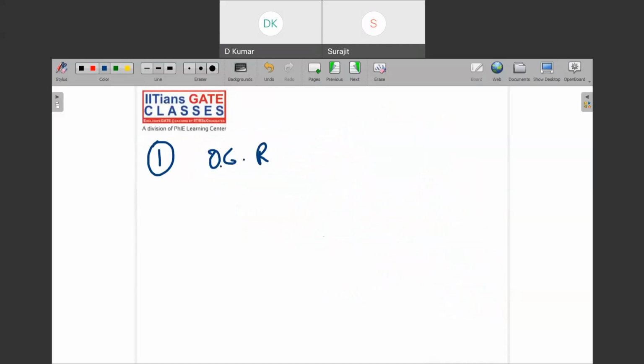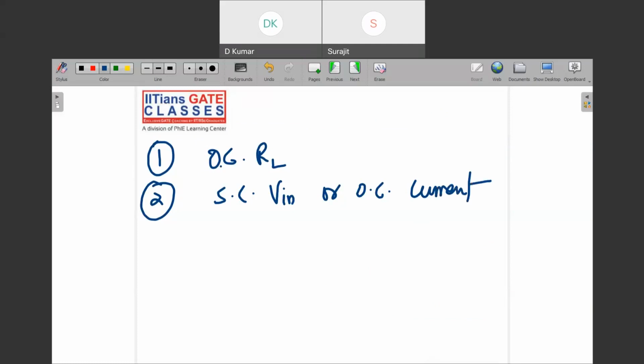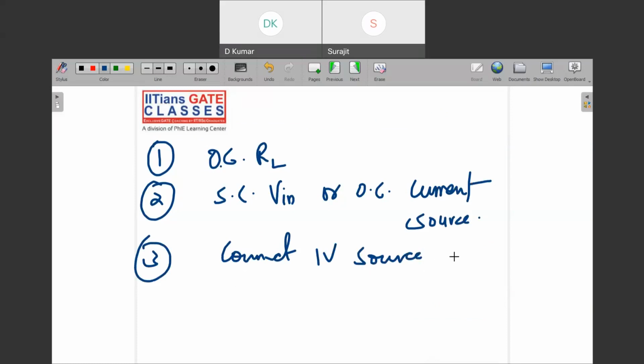Open circuit the load, just remove the load, right? And second, short circuit the V in, or you can say open circuit the current source. And the third one, connect a 1 volt source at the output terminal, right?